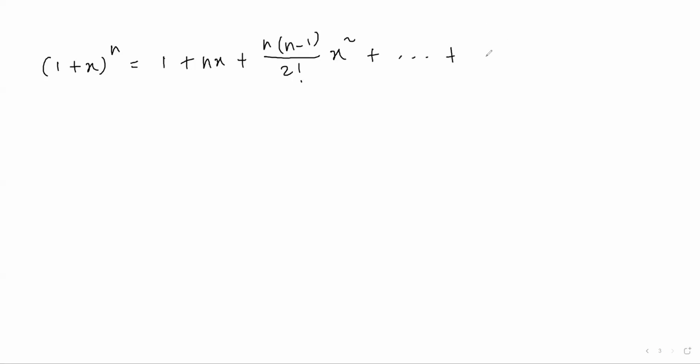Depending on what n is, it's going to have a finite number of terms or an infinite number of terms. But if it's got a finite number of terms, your last term is x to the n.